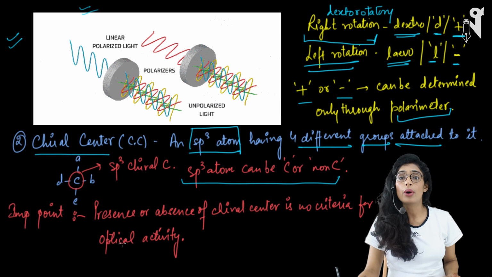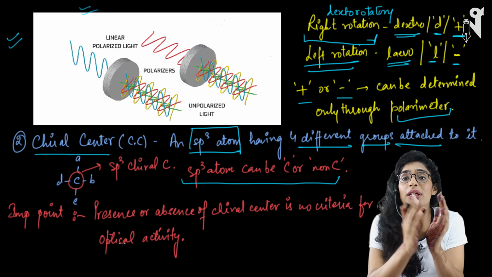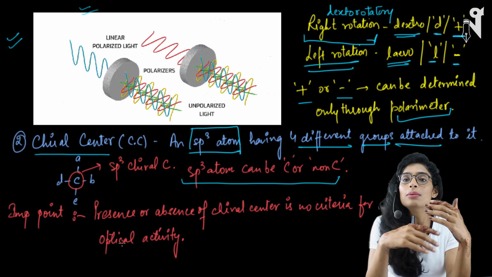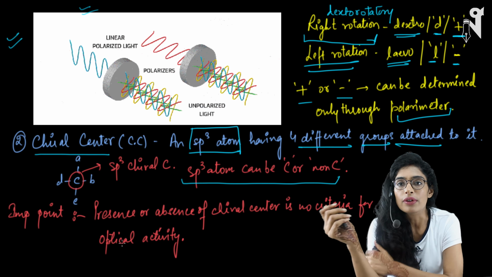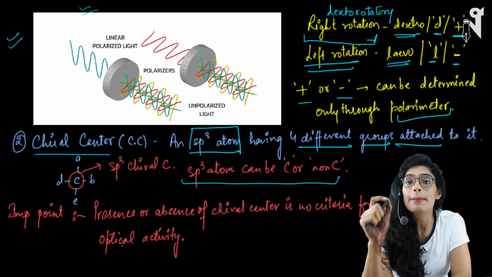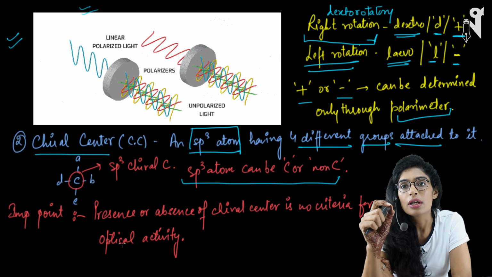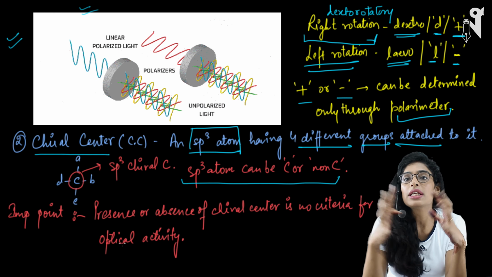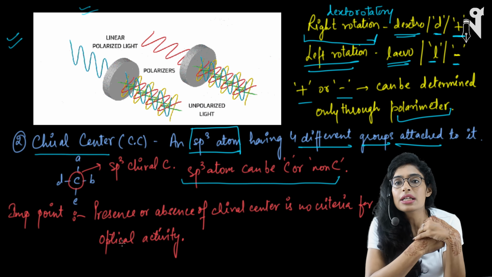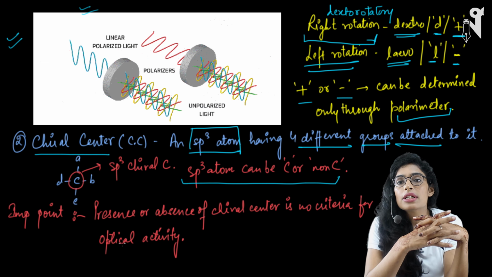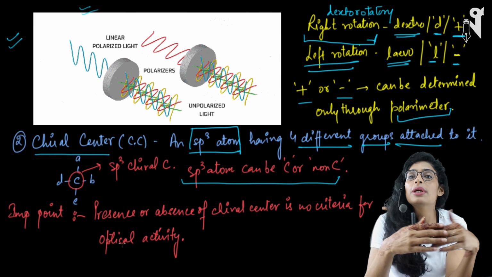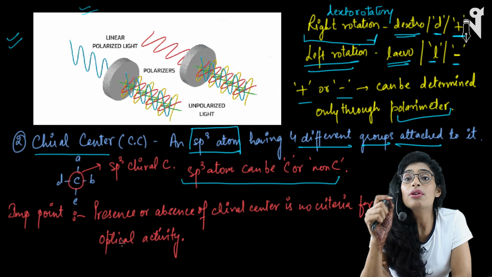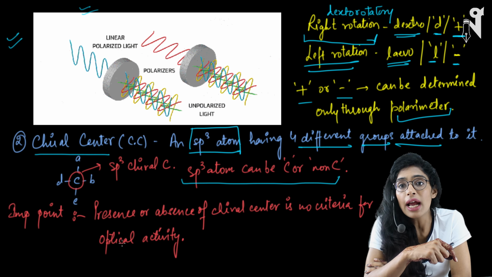Now comes the important point: optical activity has nothing to do with this chiral carbon. Though the term chiral center will be used very often, the presence or absence of a chiral center is not a mandatory condition. We will see a lot of incidents where the compounds having a chiral center are optically active, but that's not a mandatory condition for a compound to be optically active.